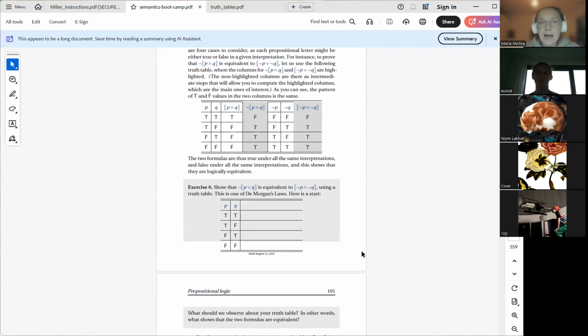Now, help me to fill out the lines. If P is true, Q is true, negation of P or Q gives us what?